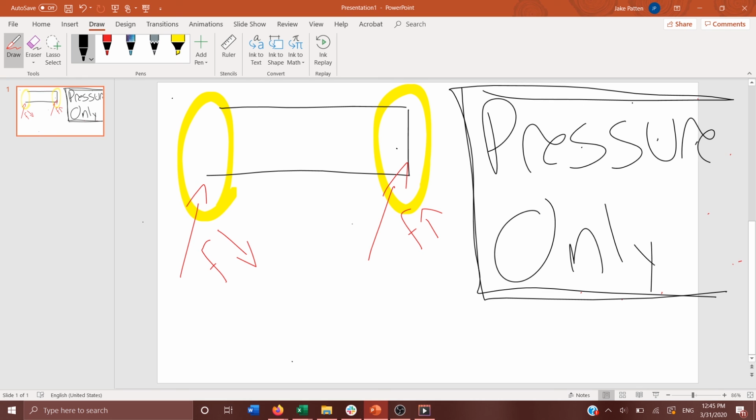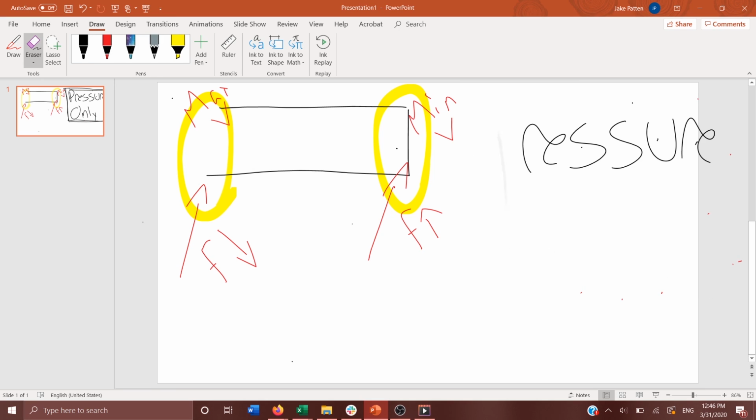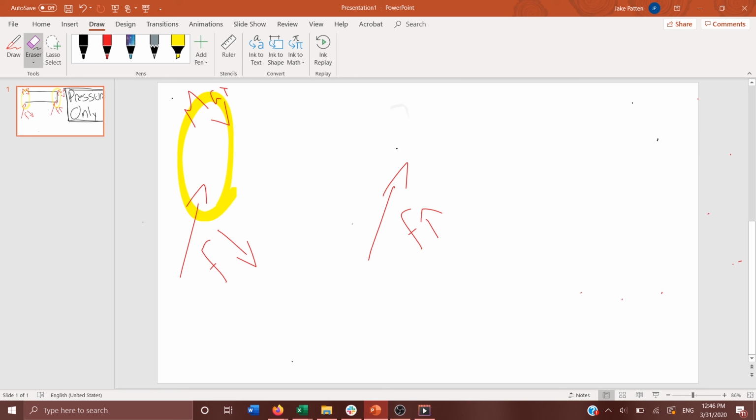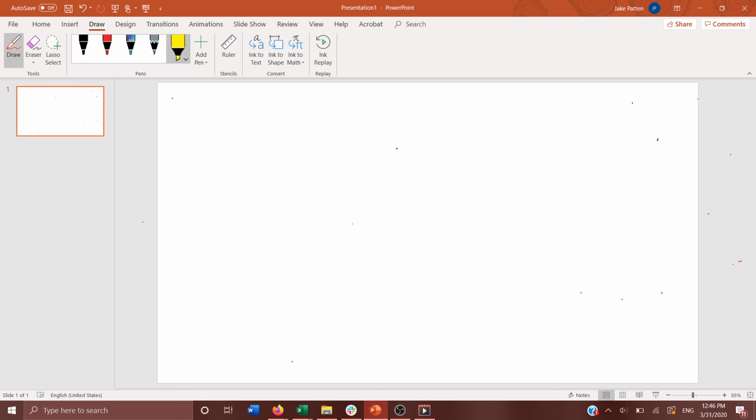I do want you to know that pressure and velocity have an inverse relation. So I want you to know that this is maximum pressure, but it also has minimum velocity. And that this has minimum pressure, but it also has maximum velocity. I want you to know that. But when I show you a graph, I'm only going to ask you about pressure and the relationship between pressure and frequency.